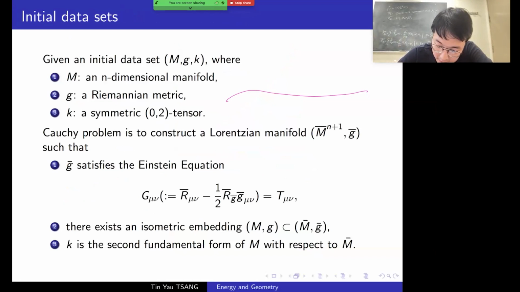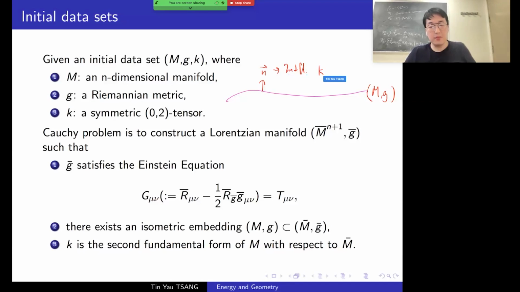Here's an (M, g) Riemannian manifold. If there is a space-time, there's a time-like unit normal n, and with respect to this n, you have the second fundamental form, denoted by k. Of course, (M, g) has to be isometrically embedded into the space-time (M bar, g bar). So it's a Cauchy problem. That's why it's called an initial data set.